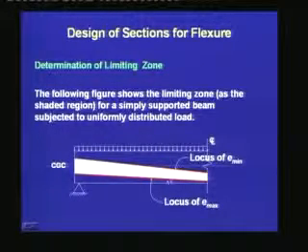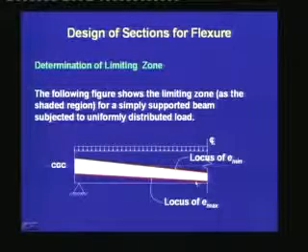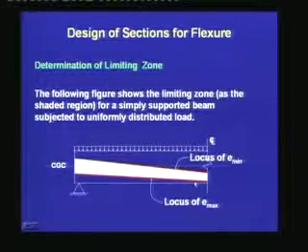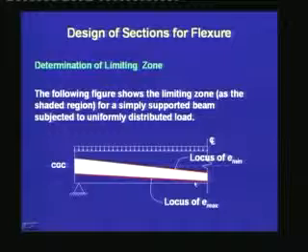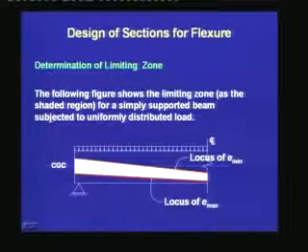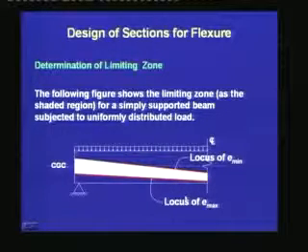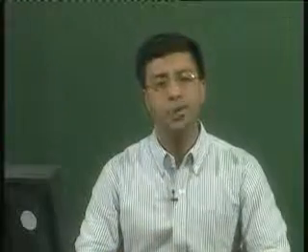As we are proceeding towards the center of the span, the depth of the limiting zone is getting reduced, and we see that the locus of e min and the locus of e max are the upper boundary and the lower boundary of the limiting zone for placing the CGS.